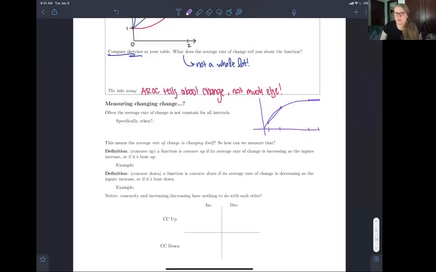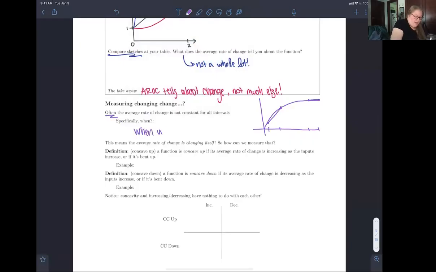And that's going to be pretty common. Specifically, when we don't have a line, one of the things we talked about is that linear functions are great for modeling changes of variables that have constant rates of change. Well, if we don't, then that's every other type of function. So when is it not constant?